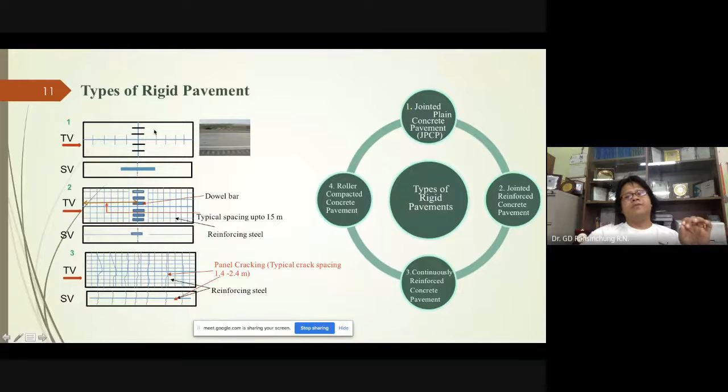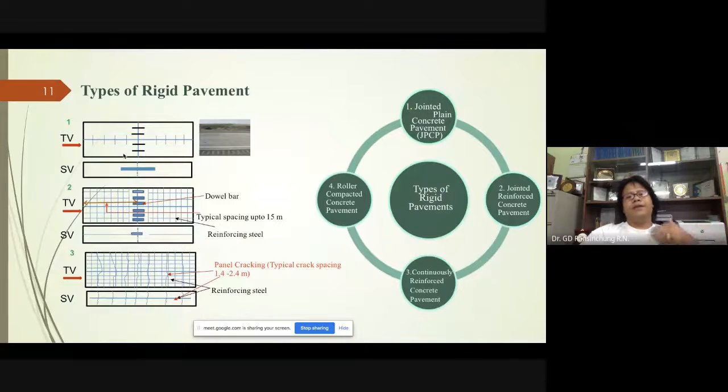This rigid pavement is designed as per IRC 58 2015, for the slab size of 4.5 into 3.5 slab panels. Therefore, it is imperative to provide a contraction joint at the intervals of 4.5 meter.